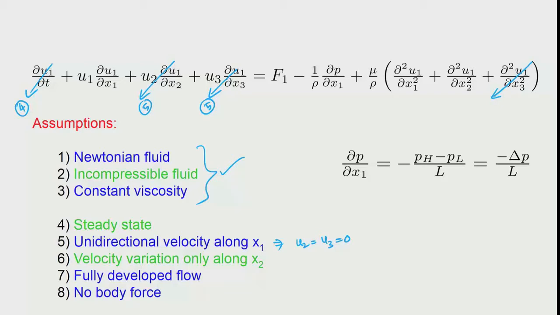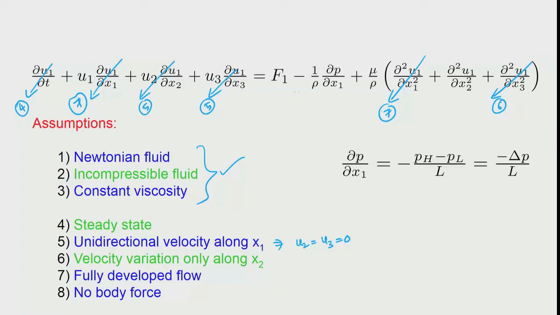So, we then knock off this term also, and we say that the fluid flow is happening in a fully developed manner, which means that there is no gradient of the flow along the flow direction. So, we knock off this term, and this term is actually the second derivative of the same one, so we knock that off also.